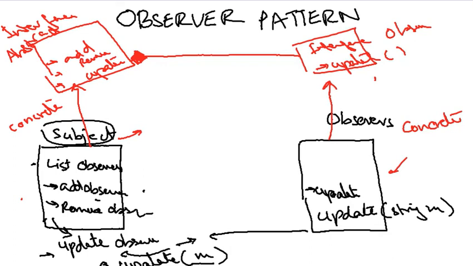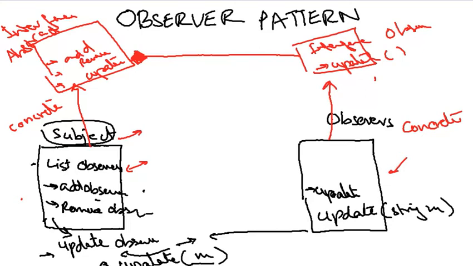It should have the objects of the observers. As said, we will maintain a list of observers in the concrete subject class. So this is what the architecture of an observer pattern will look like. I hope it is explained in the best possible way.